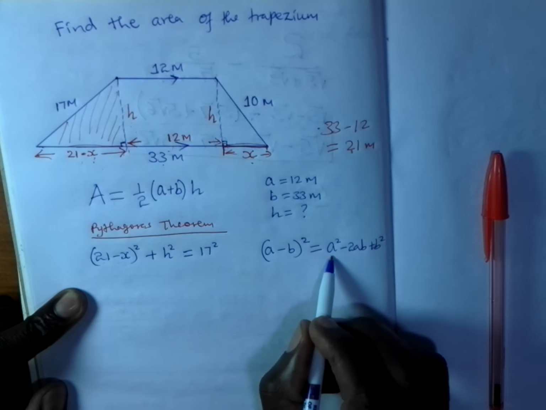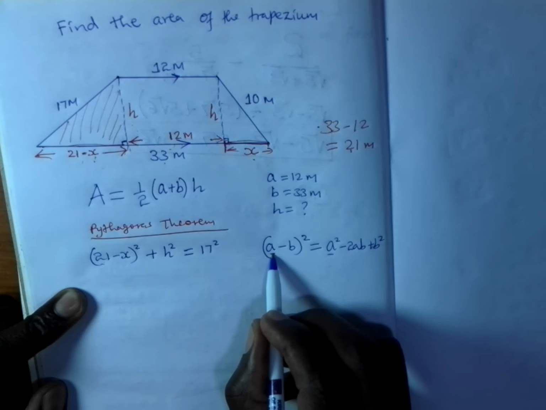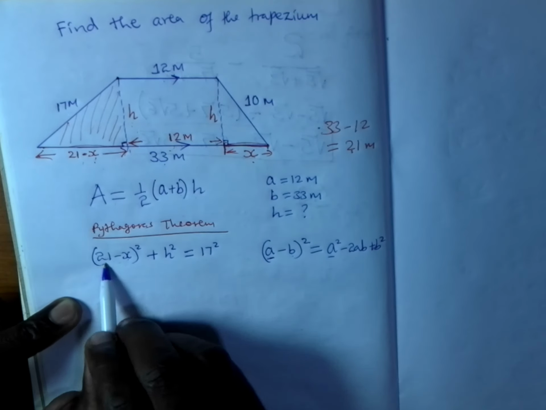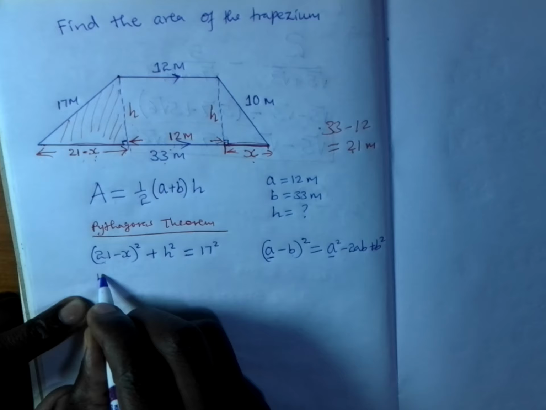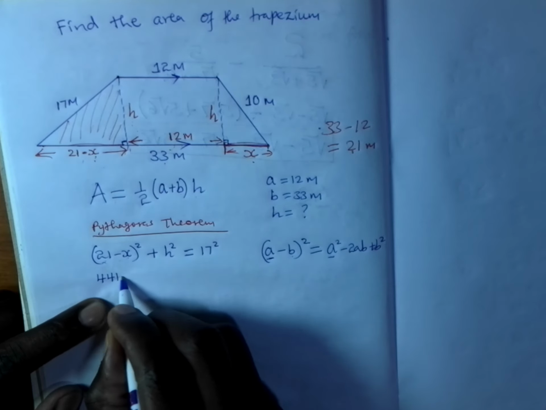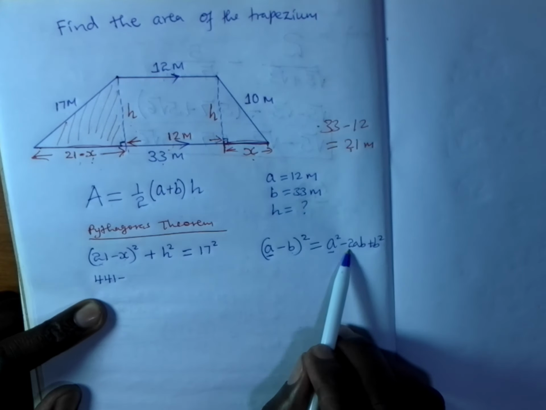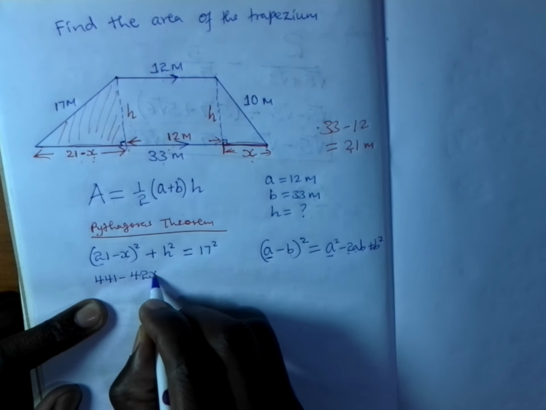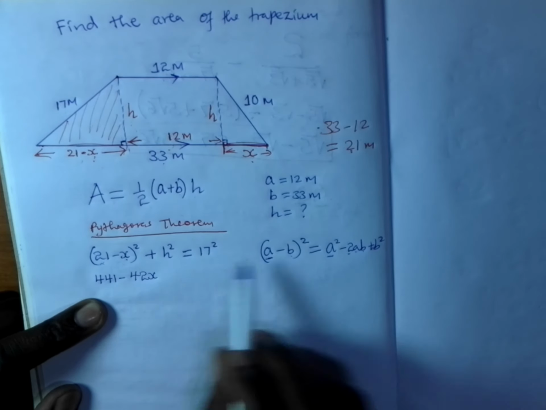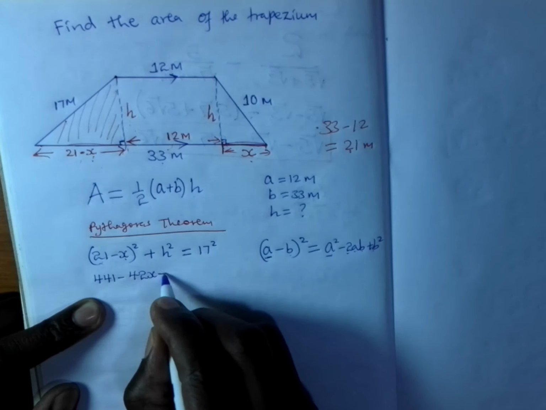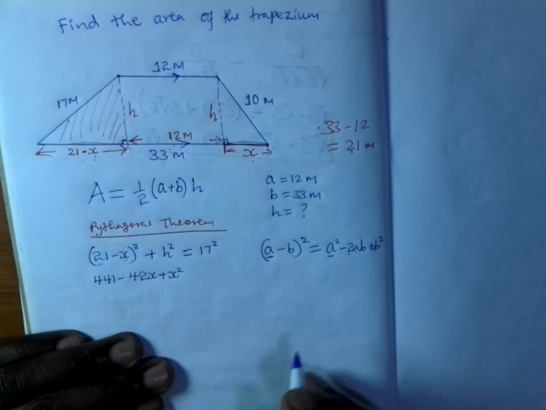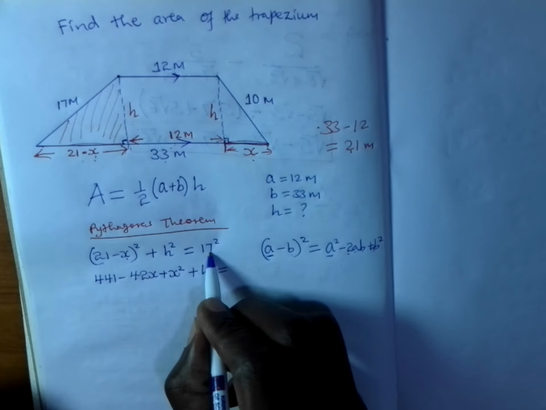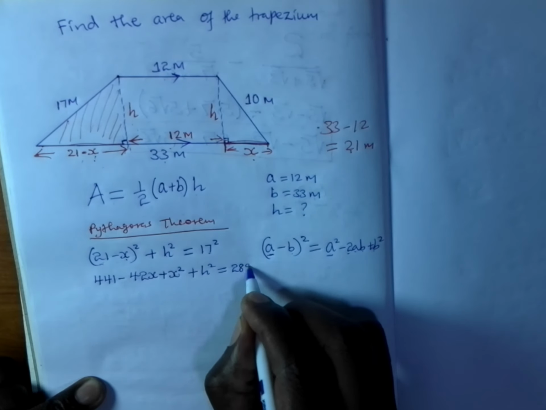So 21 squared is 441, then minus 2 times 21 times x, that will be 42x, then plus x squared, plus h squared will be equal to 17 squared, that is 289.